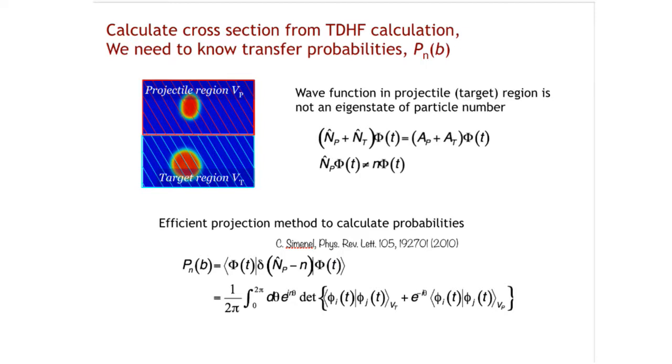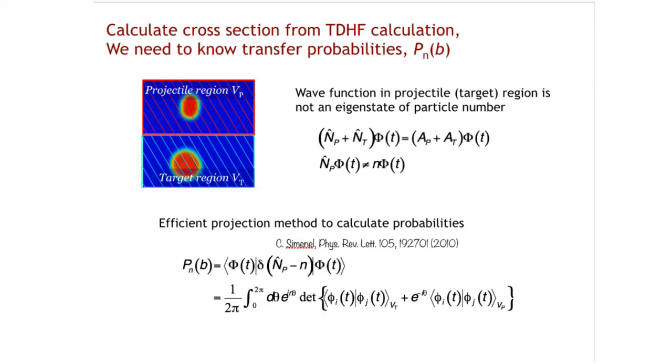To evaluate the cross-section from the TDHF calculation, we need to know the transfer probability as a function of the impact parameter. And it's possible by using a projection operator technique that was recently proposed by Simenel. It's an efficient way to evaluate such probability.